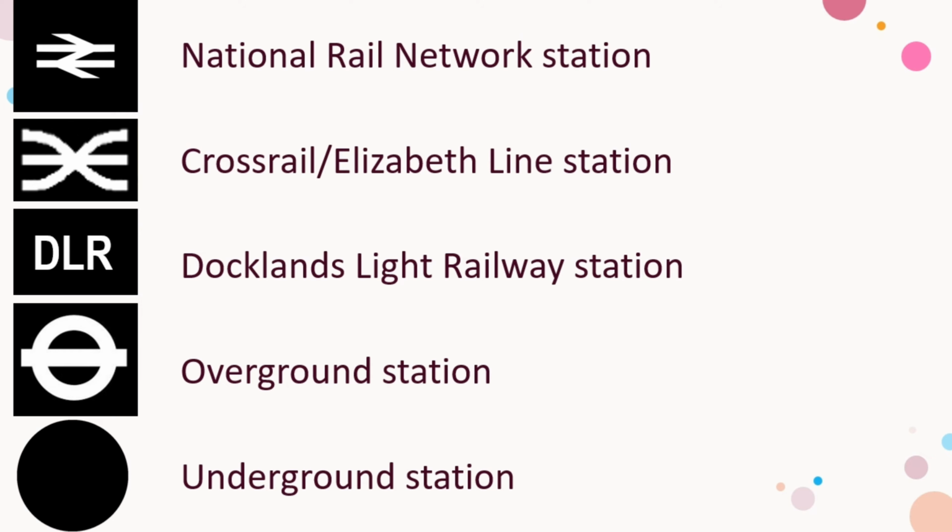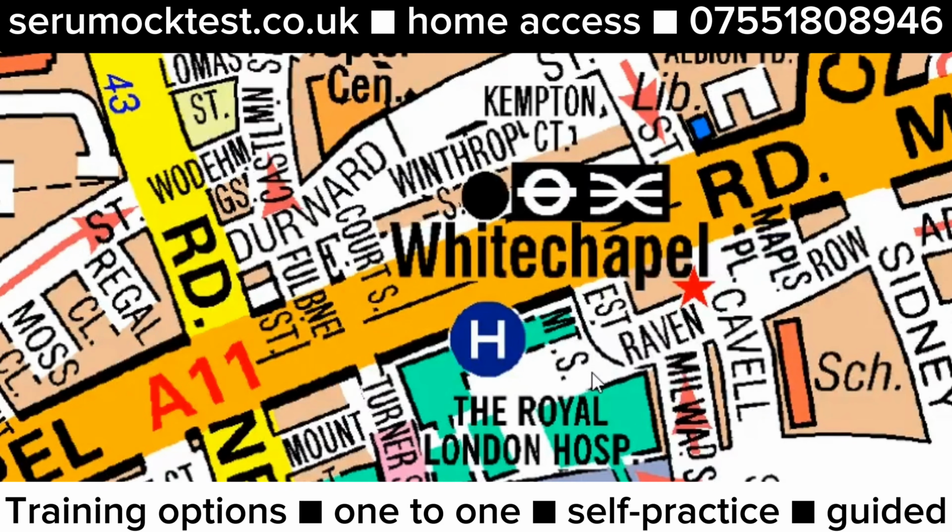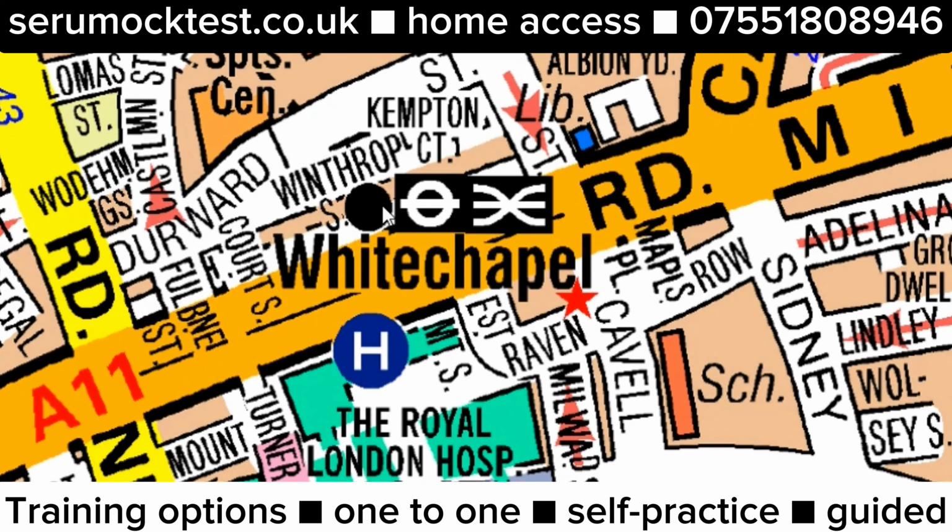What you are seeing on the screen is Whitechapel station. This is on Whitechapel Road, and you can see this solid black dot means the underground station. Then we have got overground, and we have got this Crossrail as well.